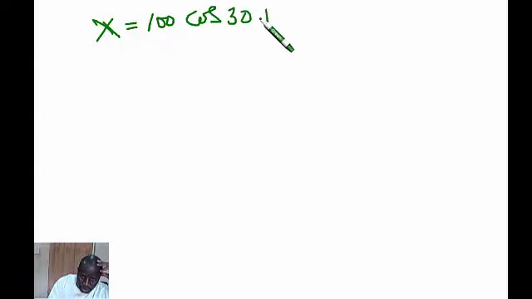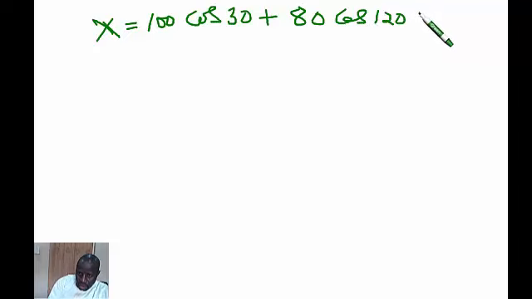Okay, so to evaluate our x, we put our F1, which is 100, times cosine of theta 1, which is 30, plus F2, which is 80, times cosine of theta 2, which is 120, plus F3, which is 40, times the cosine of 223.